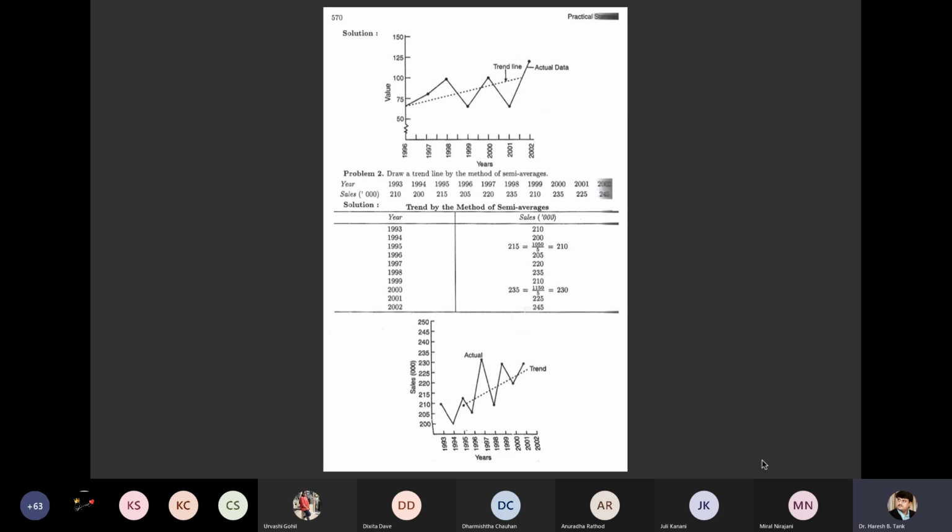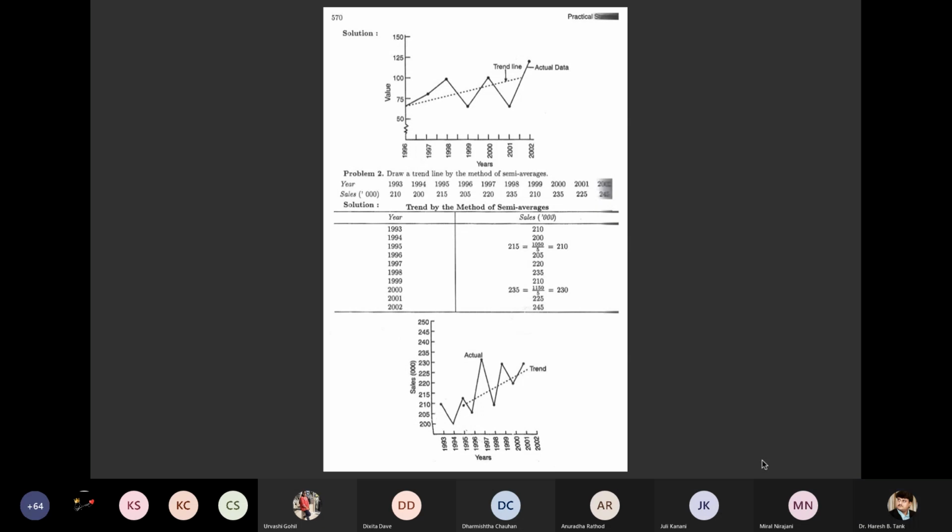While summing these 5 entities, the total comes to 1150. Since we have summed 5 elements, you have to divide it by 5. Ultimately, it comes to 230. This 230 is to be written against the middle year, which is 2000 in this case.